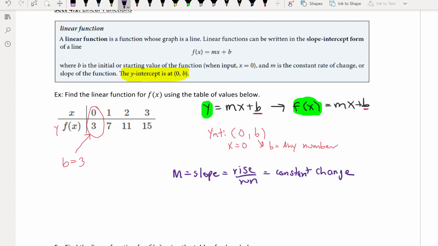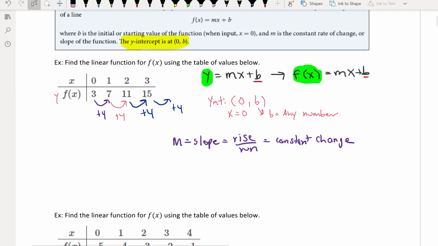So I'm thinking about the constant change. Let's think about our y values here. Well, to get from 3 to 7, you added 4. To get from 7 to 11, you added 4. To get from 11 to 15, you added 4. So what do you predict the next one is going to be? Exactly, 4. So the constant change here is going to be 4.